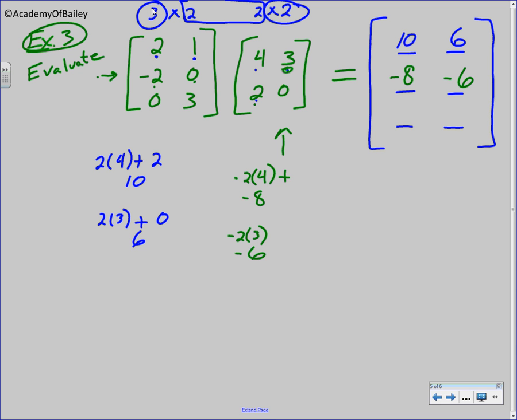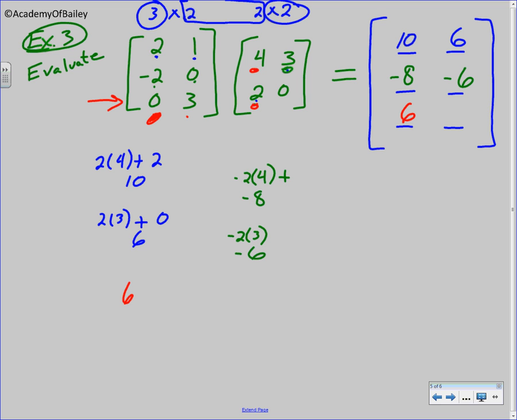And now let's move on to the third row, first column. 0 gets multiplied by 4 to give you 0, and 3 gets multiplied by 2 to give you 6. That would be third row, first column. And now let's look here.